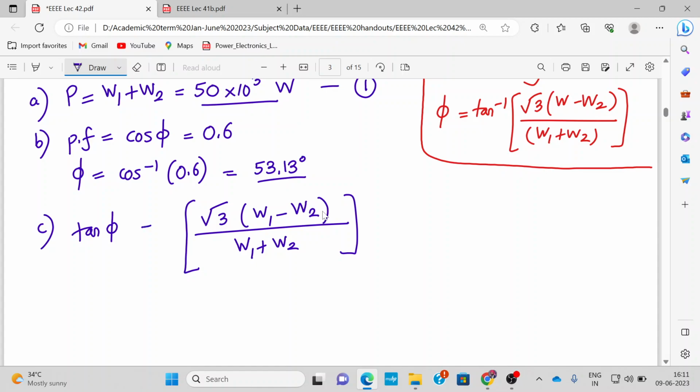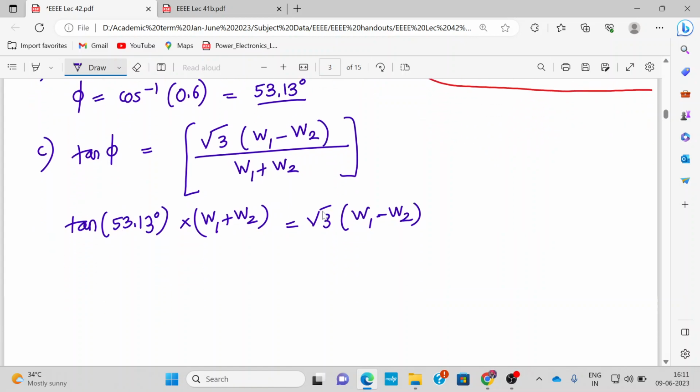So tan of 53.13 degrees into (W1 plus W2) is equal to root 3 times (W1 minus W2).